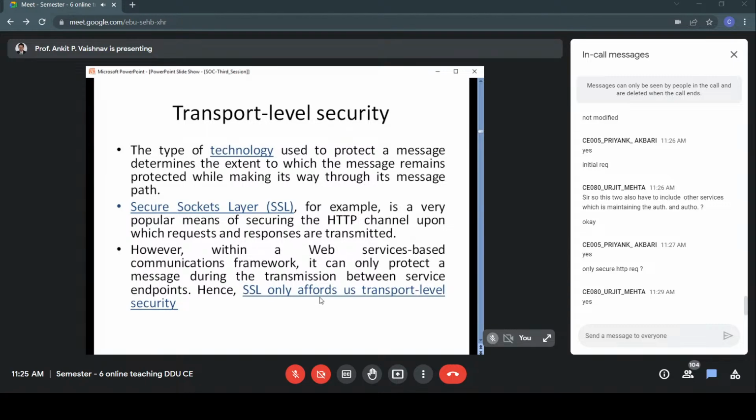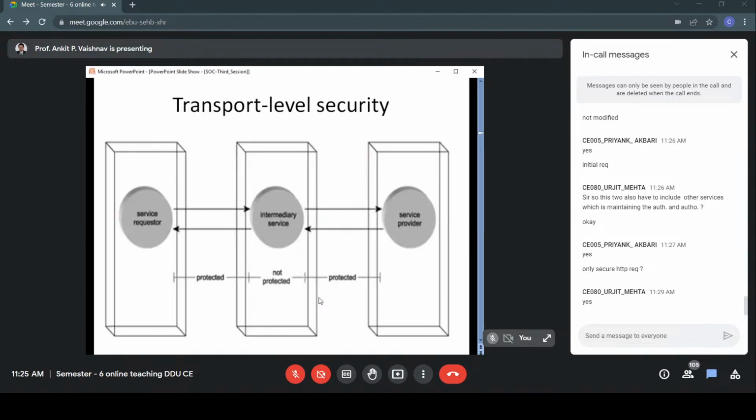So if you are relying only on SSL, it is only going to provide you transport level security. This figure will make you clear. Getting the idea what I'm trying to say? Yes? Can you see the protected boundary? Your message is protected only while it is under transit.